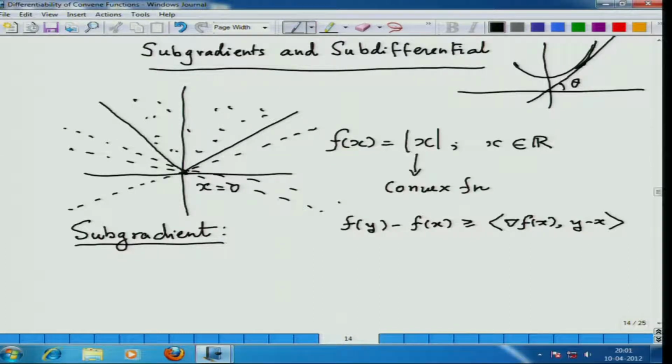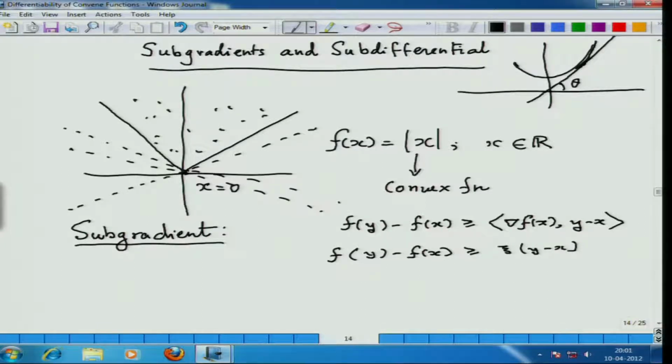Which means that for the slope of each of these lines, you will have the formula f(y) minus f(x) is greater than or equal to some slope, let us write it as xi, into (y minus x).